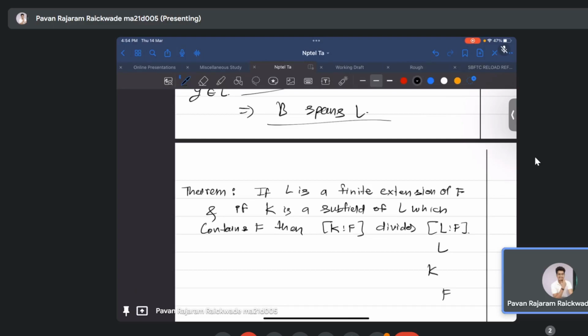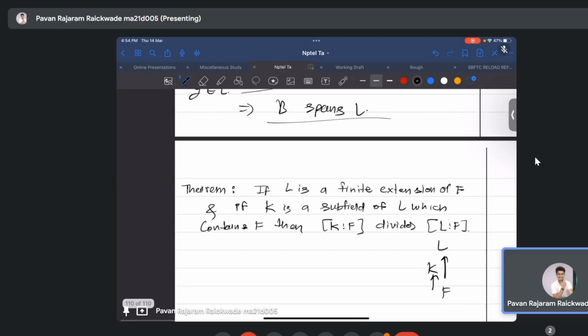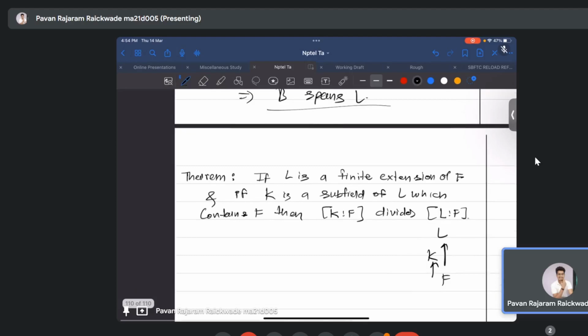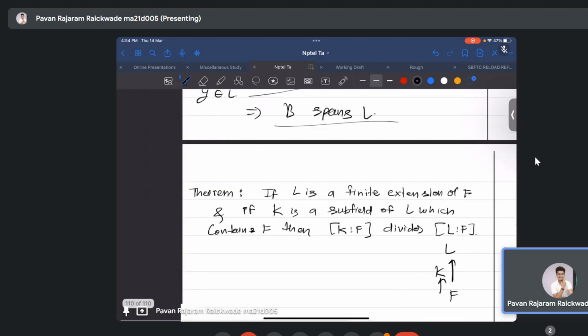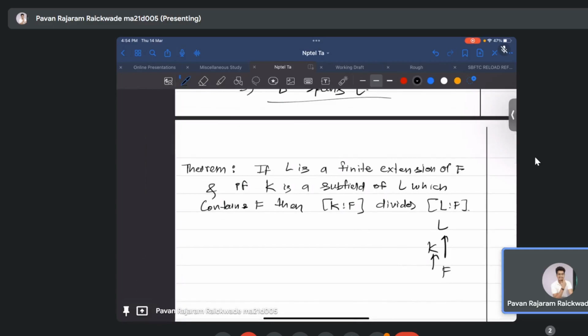If there exists a K in between, then this relation holds: the dimension of K over F divides the dimension of L over F. This will follow from the last proof that we did directly, but this is an interesting observation because so many times the questions arise like this.